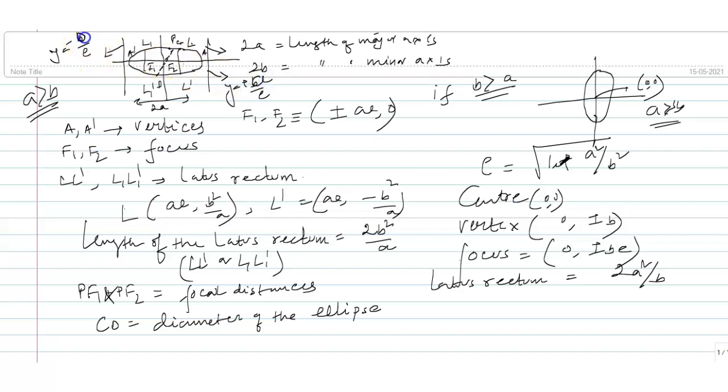Here it will be b over e, because b is the major axis, so the directrices will lie here and here, and the equation of the directrix just changes to y equals plus minus b over e. Clear? And the length of the major axis here is 2b. Clear?